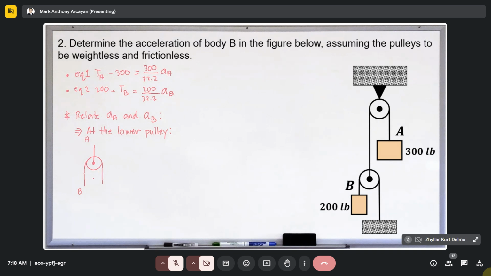Okay, class, please take note, because this is very crucial, especially when you solve problems that involve compound pulleys.